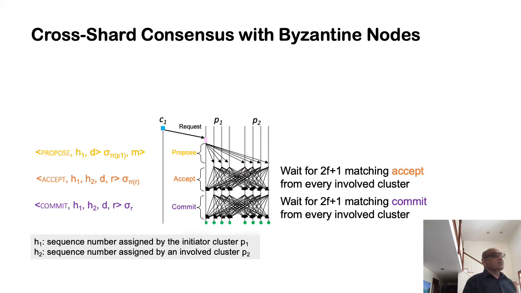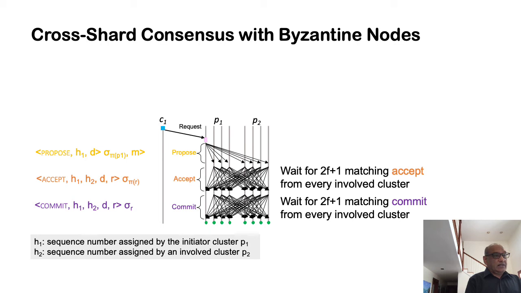The advantage of this protocol is that the cross-shard transactions are only synchronized with respect to the shards on which they are executing.